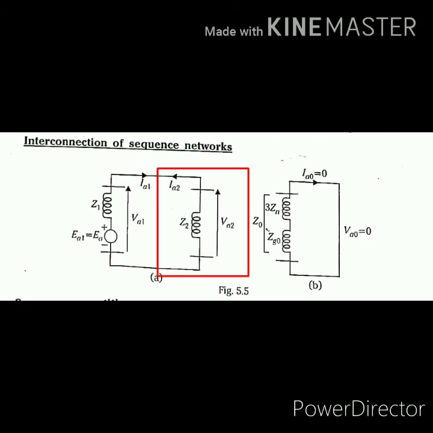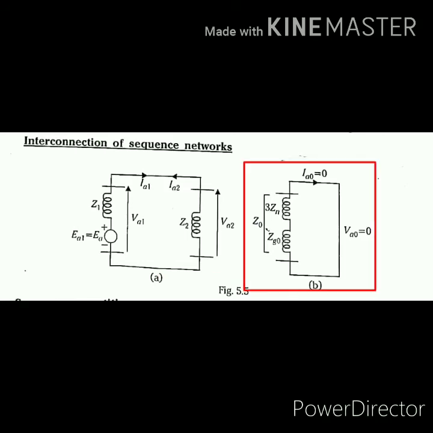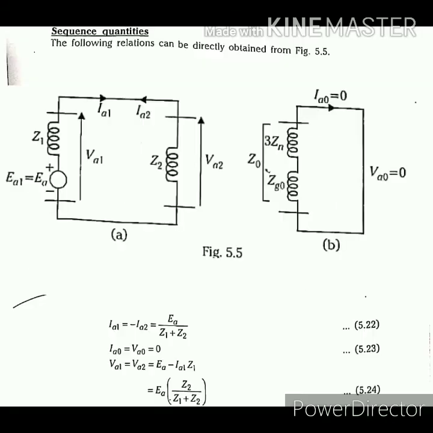For negative just Z2. And for zero, since the neutral is connected through a reactance, you should add 3 Zn. Now for the sequence quantities, IA1 is minus IA2, and this is equal to EA by Z1 plus Z2. So IA0 is nothing but 0 and VA0 is also 0.